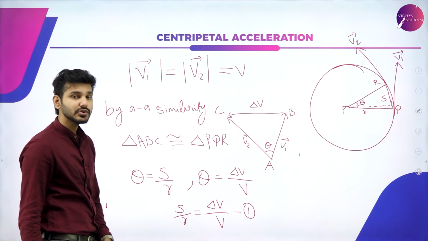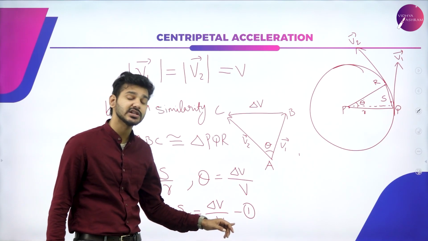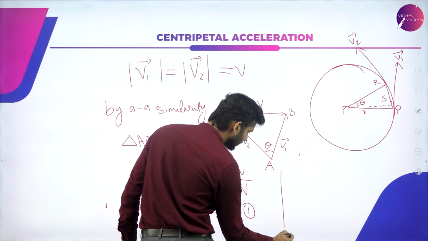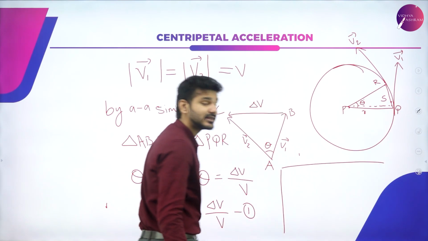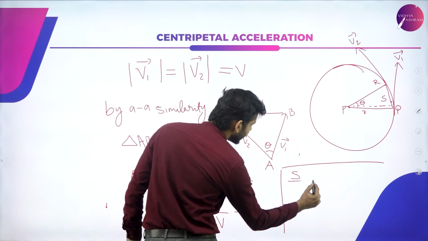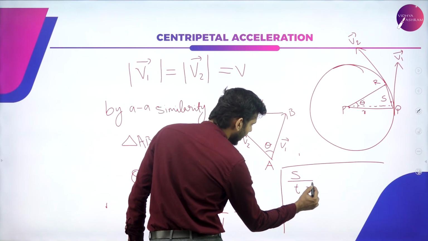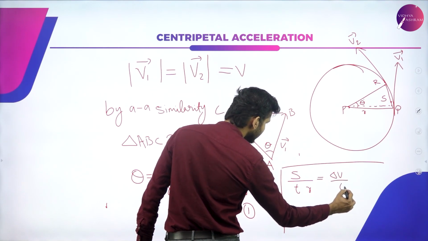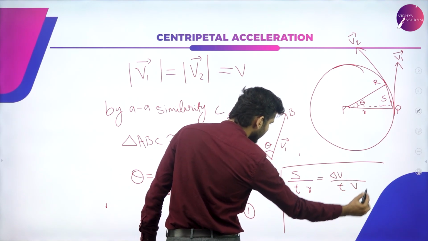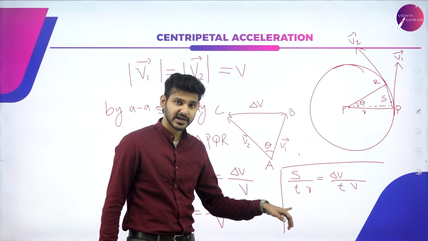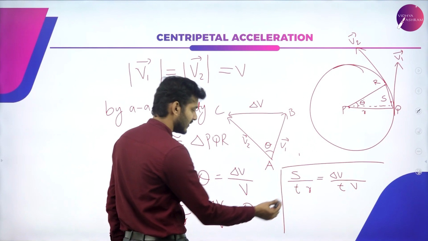Now what I'm going to do is divide this equation throughout by T. So I'm going to divide equation number 1 throughout by time. Then we will get S by T into R is equal to delta V by T into V. So we know that S by T, that is displacement by time, is nothing but velocity.